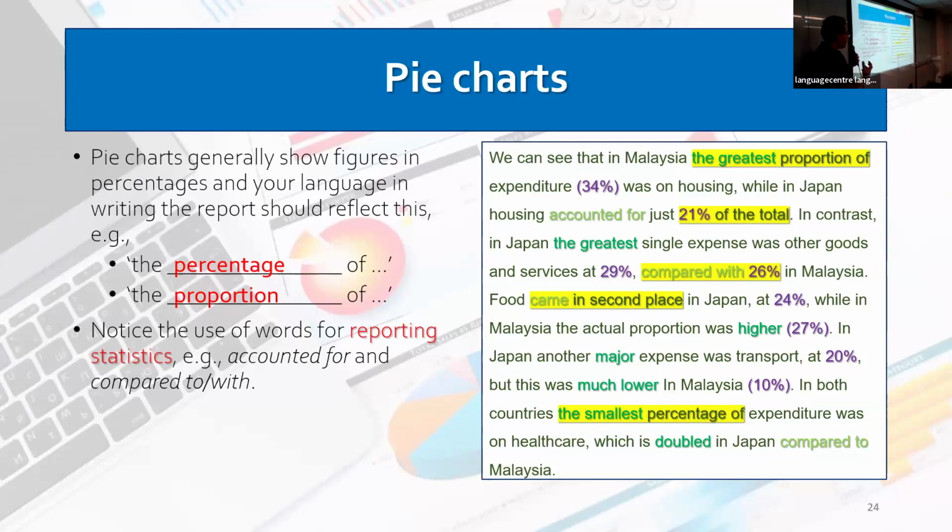So this is how we can deal with statistics. We can also use words like account for, or accounted for, like this one. In Japan, housing accounted for just 21% of the total, accounted for, right? Or compared with.